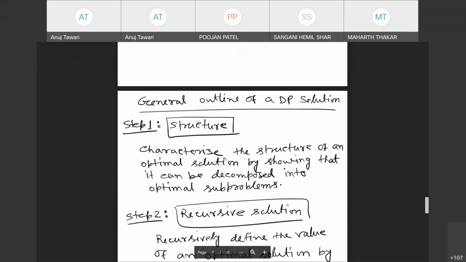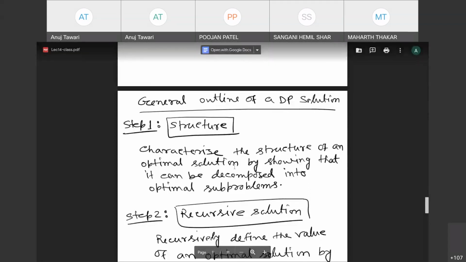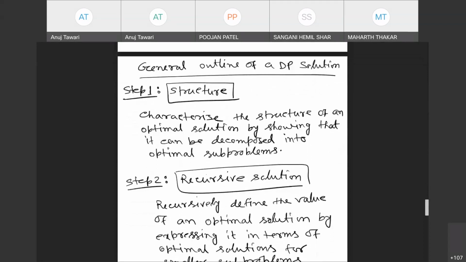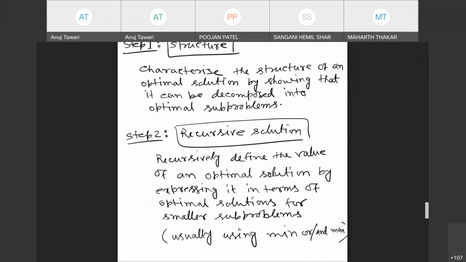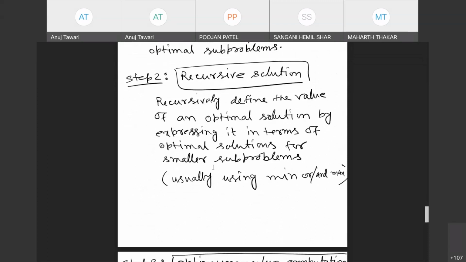The general outline of a DP solution is that you need to guess a part of the solution, and try all possible guesses. We characterize the structure of an optimal solution by showing that it can be decomposed into optimal subproblems, and recursively define the value of that optimal solution by using the optimal solutions for the smaller subproblems.